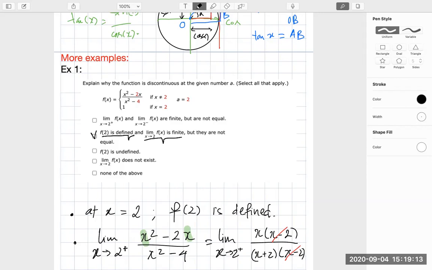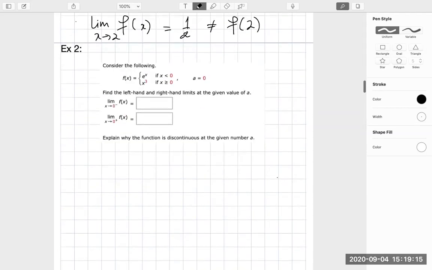Very good. Let us move on to another example. Now consider the function f of x, which is e to the x when x is negative, and a polynomial x cubed when x is positive, at the point a equal to 0.